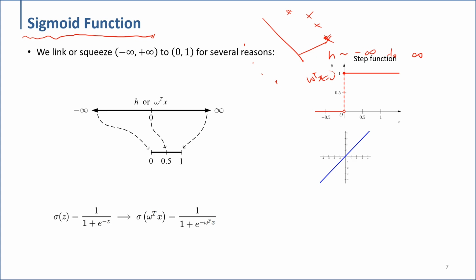So here we're going to squeeze the length of the distances of the data points to between 0 and 1, and for that we're going to use this sigmoid function.